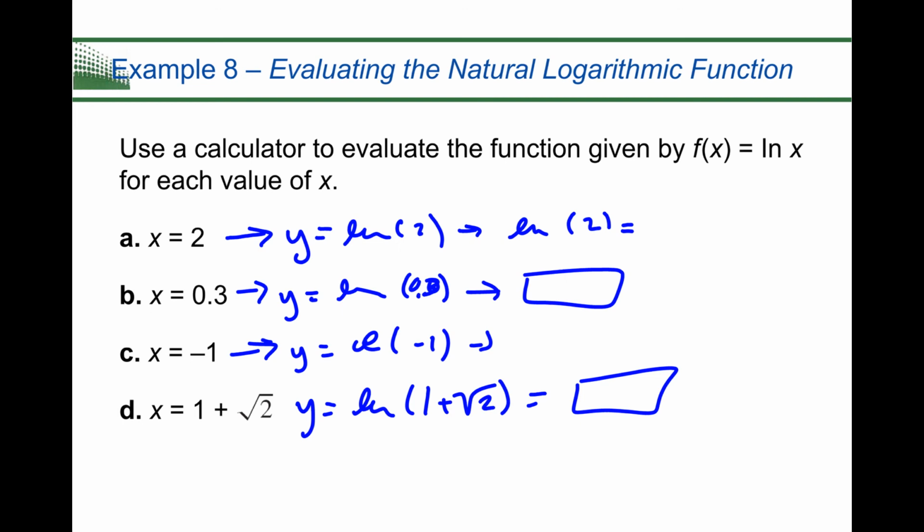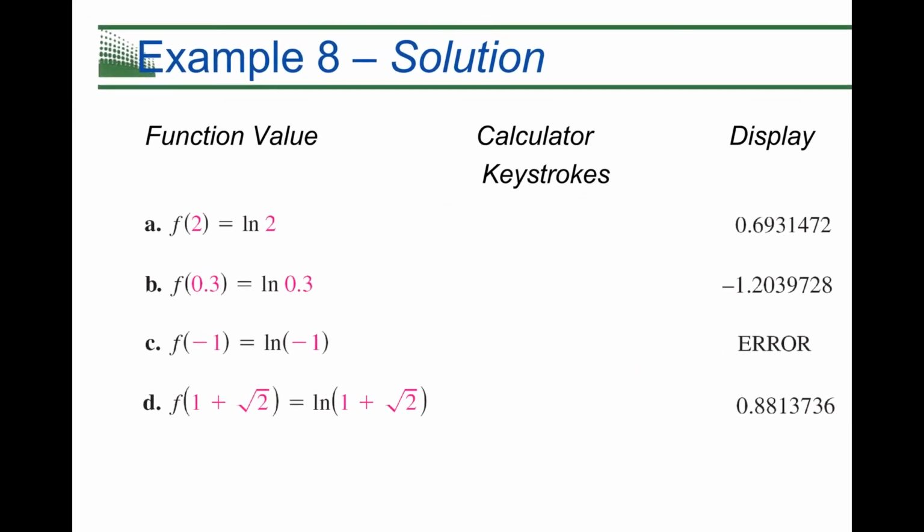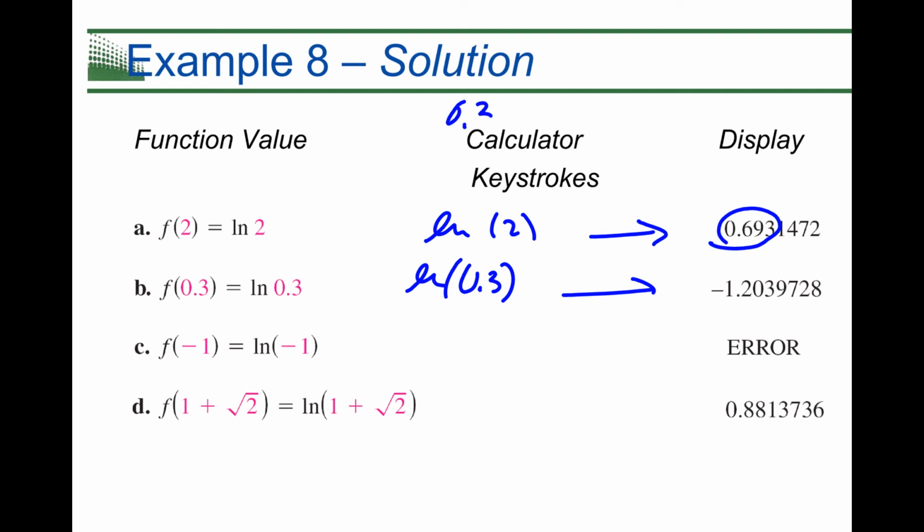Now let's compare answers. If I plug in ln of 2, you should have gotten 0.693, again 3 decimal places. For ln of 0.3, I have to use parentheses on my calculator. Everyone's keystrokes are different. I had an older calculator once, and I would have to type 0.3 and then the ln button, and then it would tell me the value. So make sure you're playing around with it and getting these same answers.